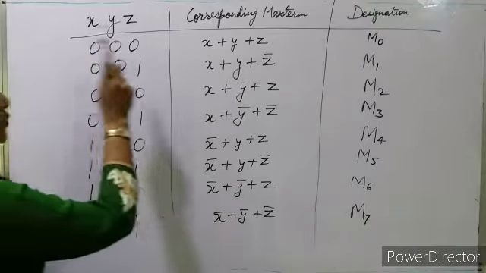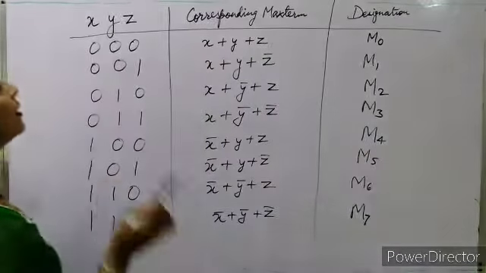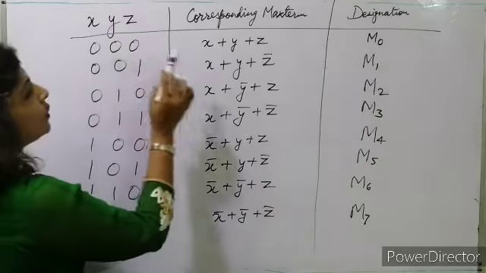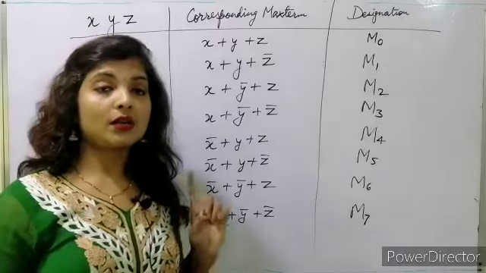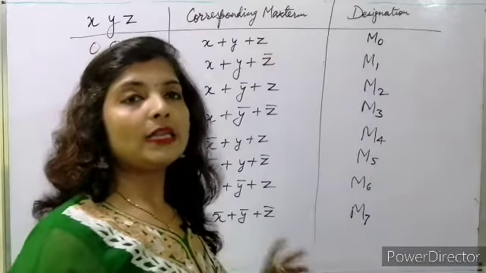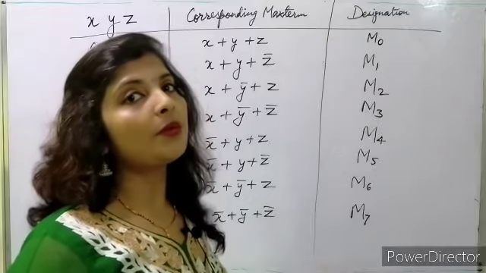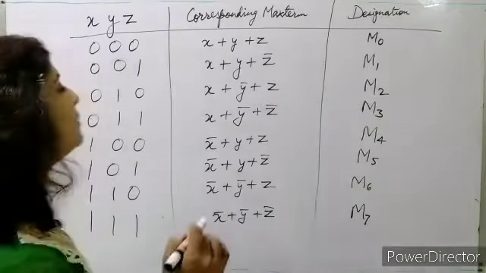So x, y, z, corresponding max term and designation. When it is 0, we'll use the variable. When it is 1, that time we'll use the complement of the variable. So max term is a bit different from min term.